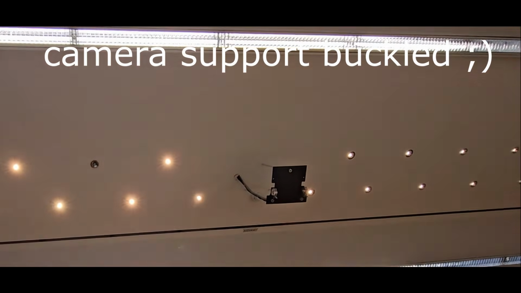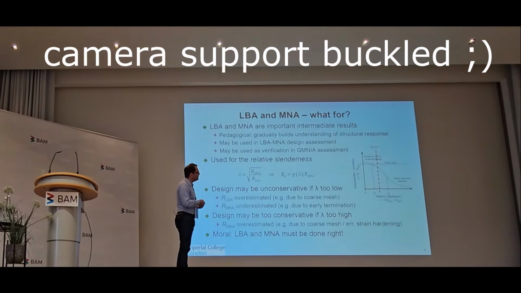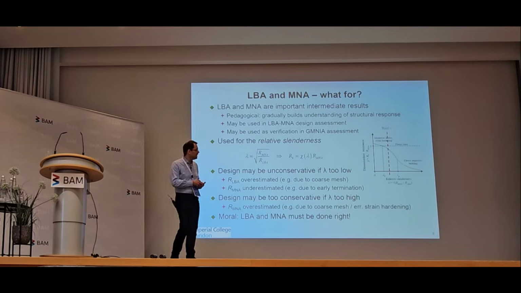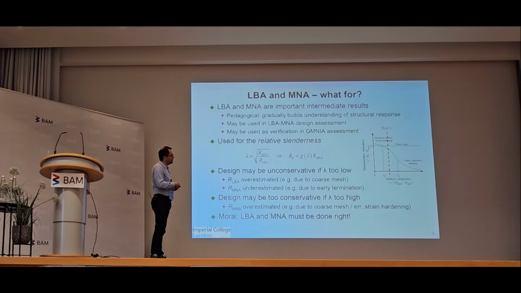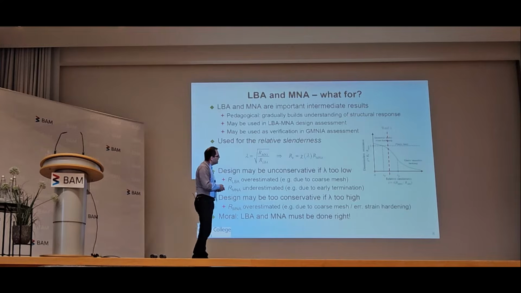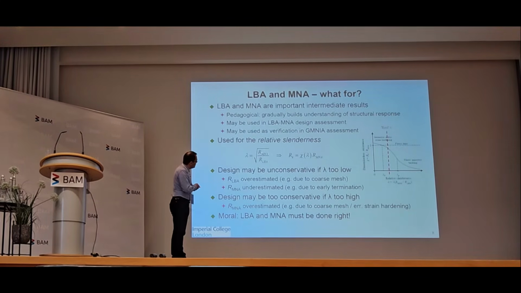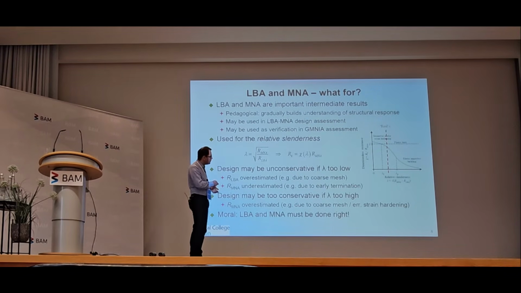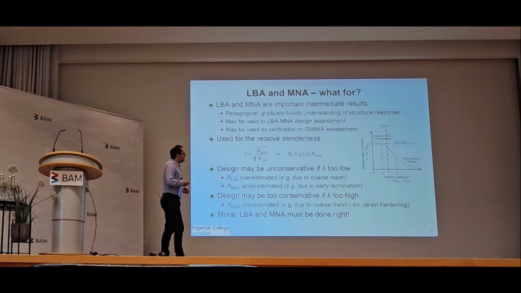If you're doing that, then you will have to feed your result into what is known as a capacity curve, or a buckling reduction curve, if you like, which is a relationship between the dimensionless resistance, which is the buckling resistance relative to the reference full plastic condition, or RMNA if you want, and the relative slenderness. So your MNA and your LBA results serve to establish a slenderness value, which localizes you on this relationship.